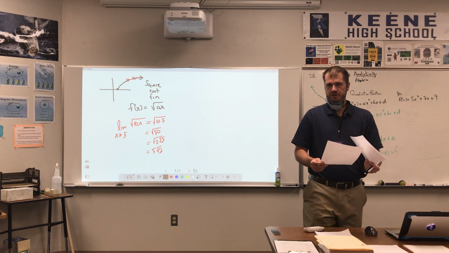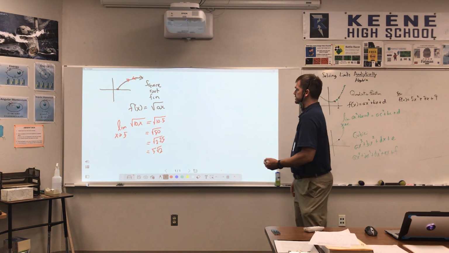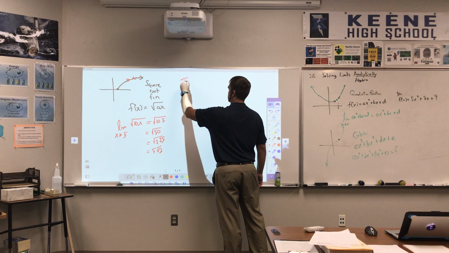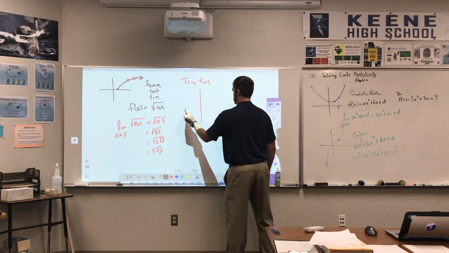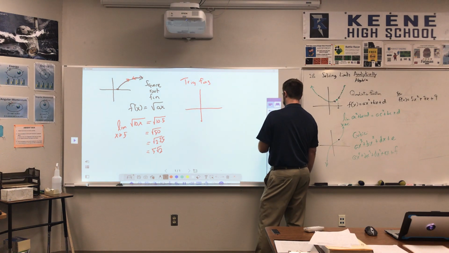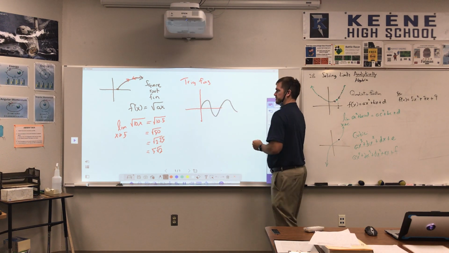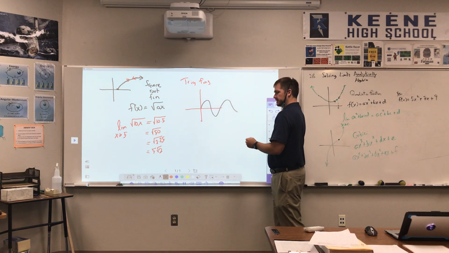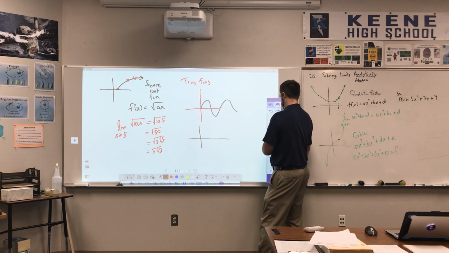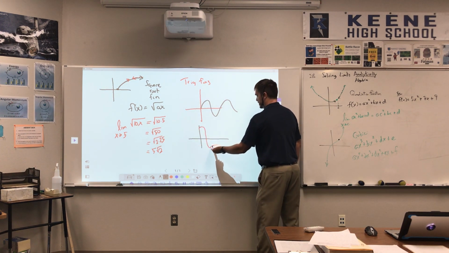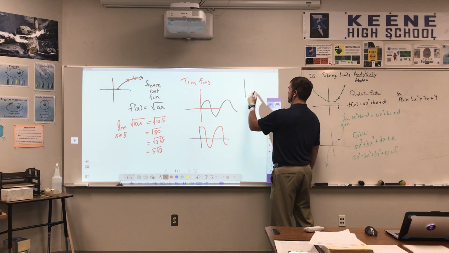For a lot of the trig functions, it also works, like sine, cosine, tangent. Trig functions. Same. So Robert, if you can stand up, that's fine. There's sine, there's cosine. Now tangent is kind of weird if you remember.